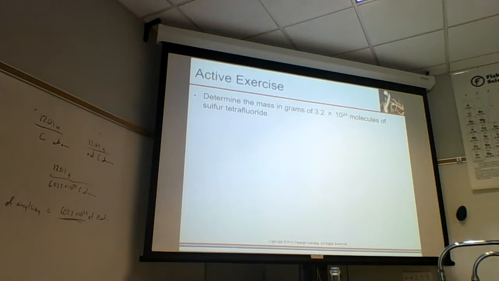So a mole of SF4, how much does a mole of SF4 weigh? We look it up on the periodic table. Sulfur is 32.07. Fluorine is 19.00, and we have 4 of those, times 4. We just add it up: 108.07.